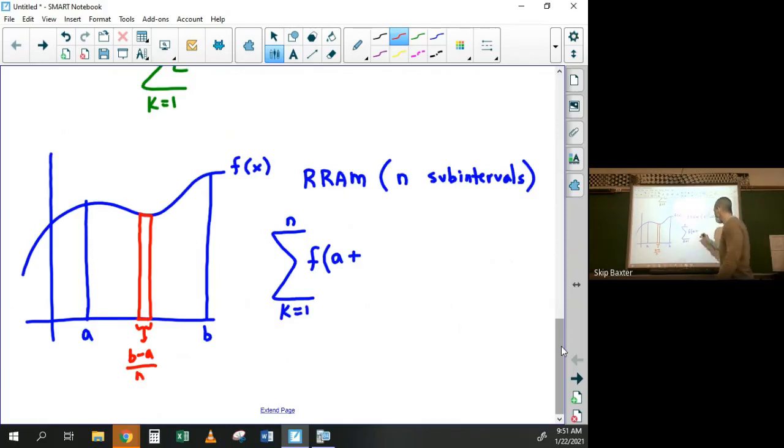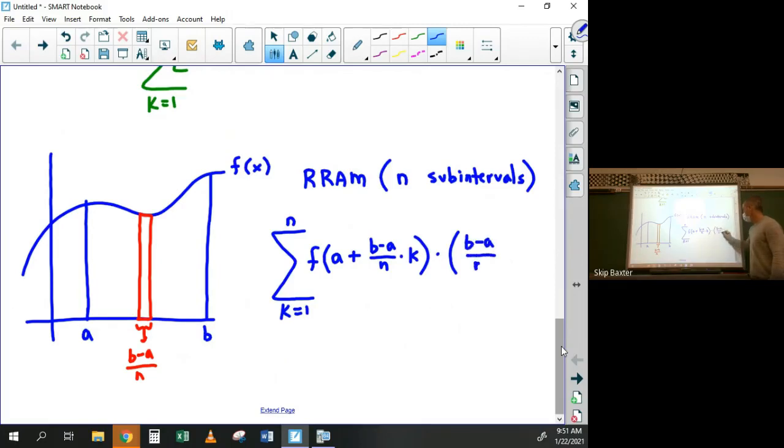So it's going to be f of a plus b minus a over n times k, times b minus a over n. That's like the general formula for this. The function will be different each time, but you just do this to it every time. That's not so bad, right?